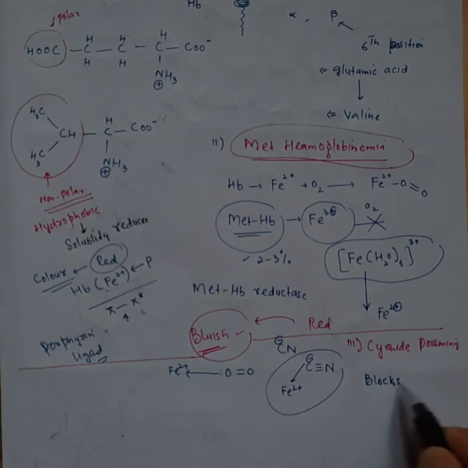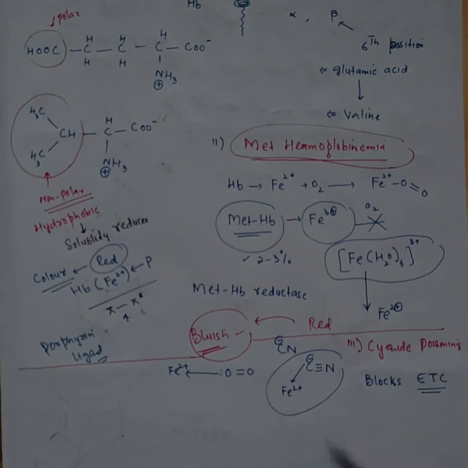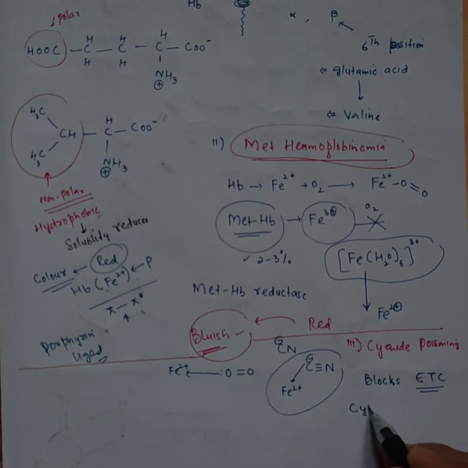it blocks the electron transport chain. It basically affects the electron transport chain. We know that in the process of respiration in the cells, there are enzymes, and there's an enzyme called cytochrome oxidase.